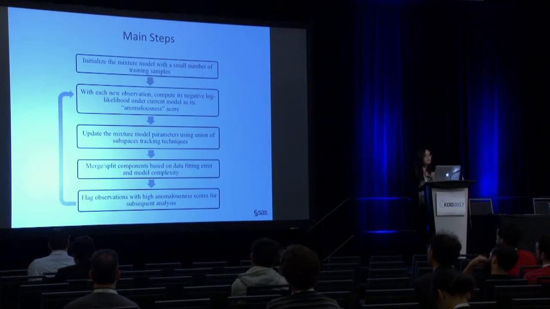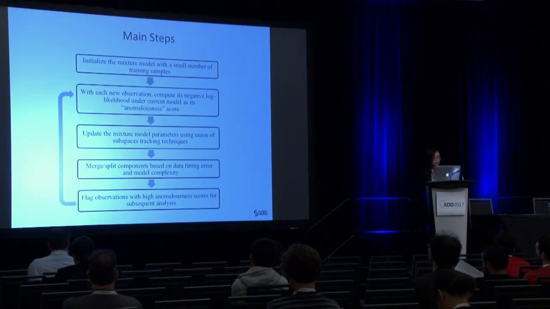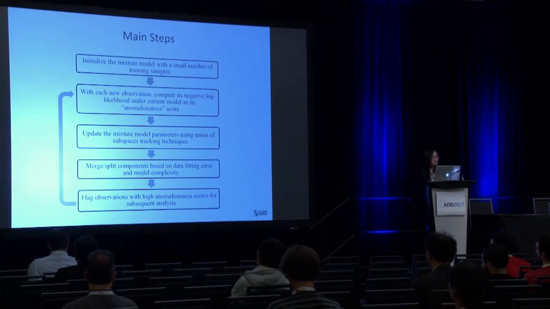Then we take a look at how complex our model is and how well we're fitting the data. We either merge or split the components. And we flag whatever observation comes with a high anomalousness score and transmit it to the ground for future analysis.